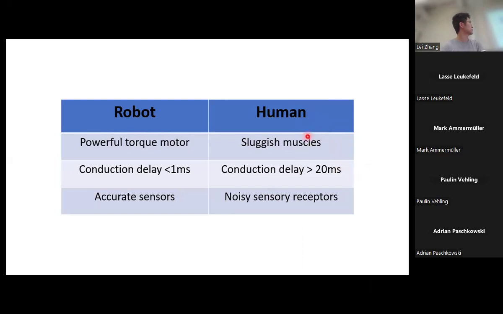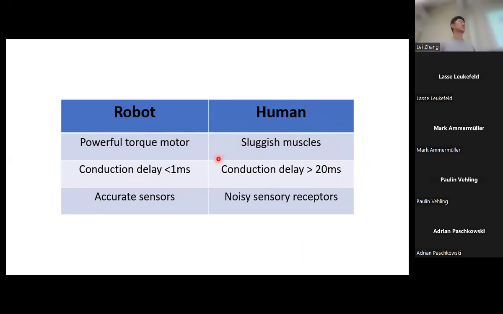We will look at this muscle characteristic later on in the lecture. So you see the difference in the actuator of force production. Also, in robots, information is transmitted by electrical wires, which have practically zero delay.